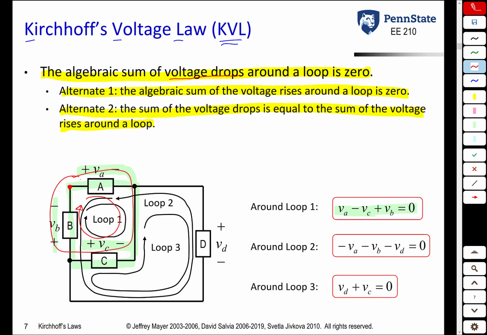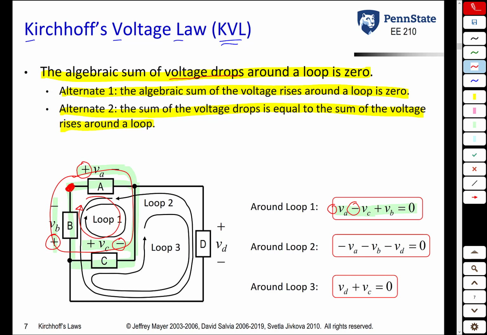The reason that I like to do voltage drops is, notice if you hit the plus sign first, you write plus. If you hit the minus sign first, you write minus. When you sum up voltage drops, you do that. If I were to use this alternate 1 and do the algebraic sum of voltage rises, and I start at the same point on top here and go clockwise, I would write it as negative VA plus VC minus VB is equal to 0.